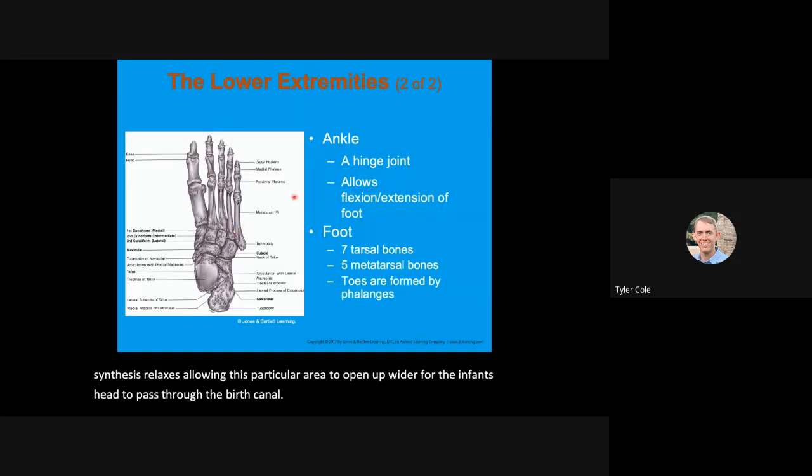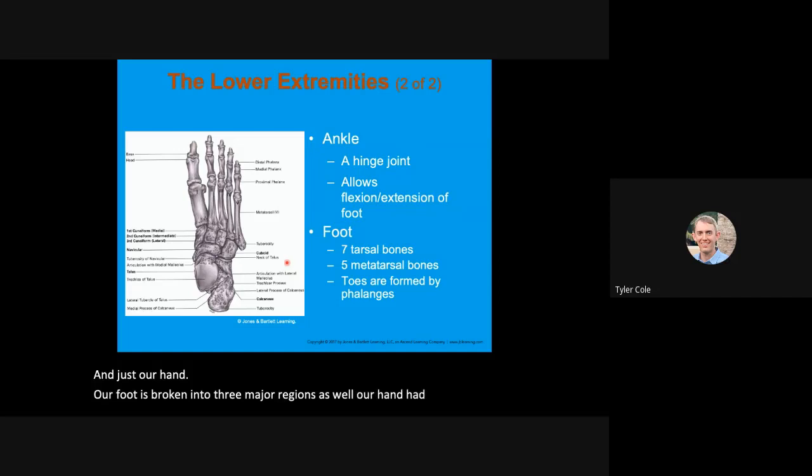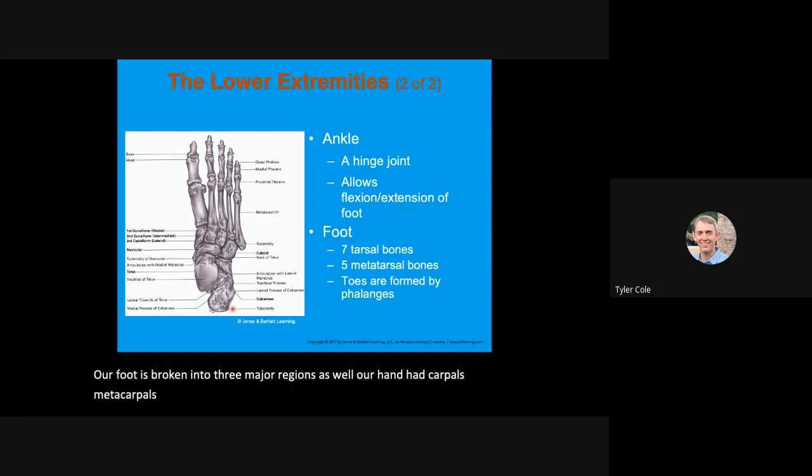And just like our hand, our foot is broken into 3 major regions as well. So our hand had carpals, metacarpals, and phalanges. But our foot kind of changes it up slightly. So we have our tarsals, which are in this area.